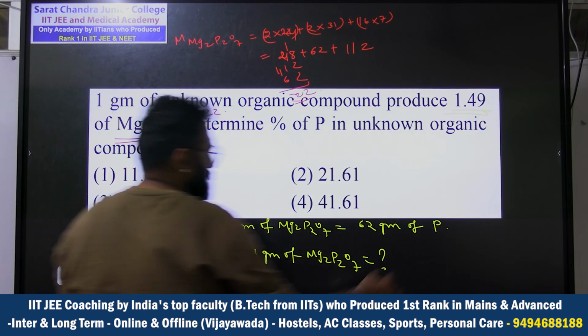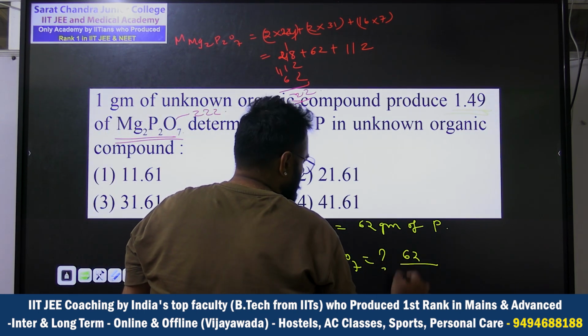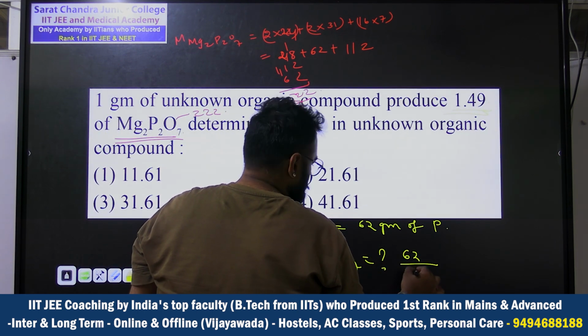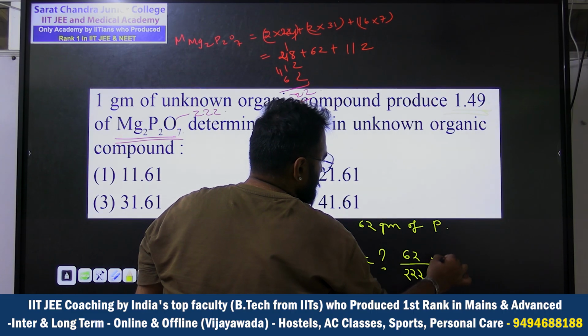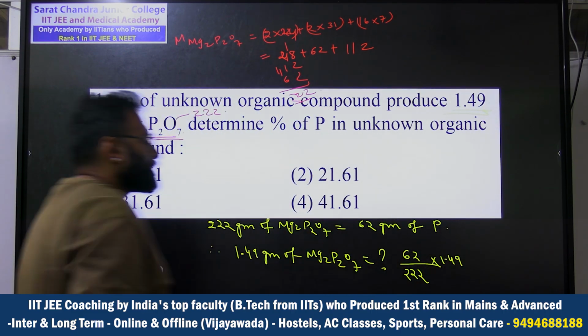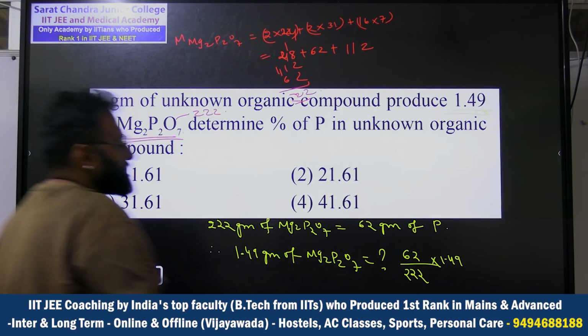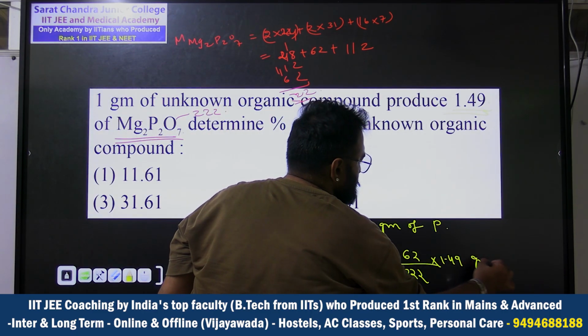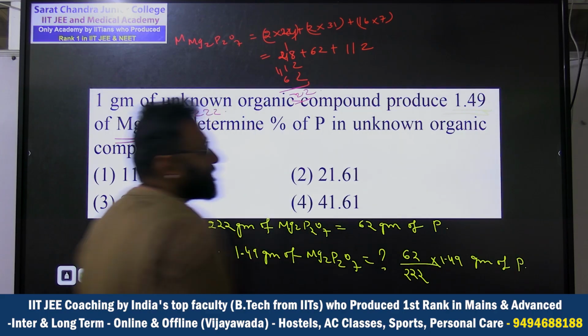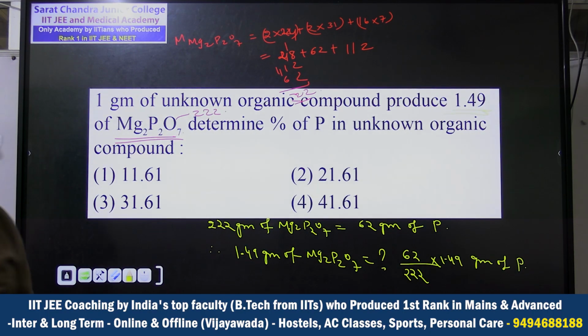Cross multiplication: 62 upon 222 into 1.49. This is the weight of phosphorus.